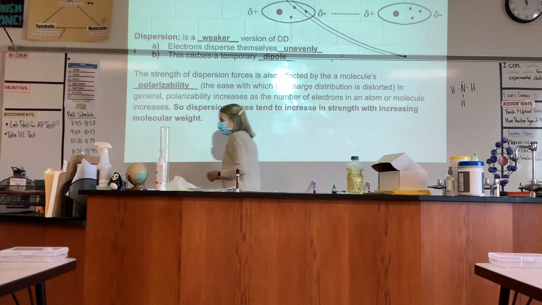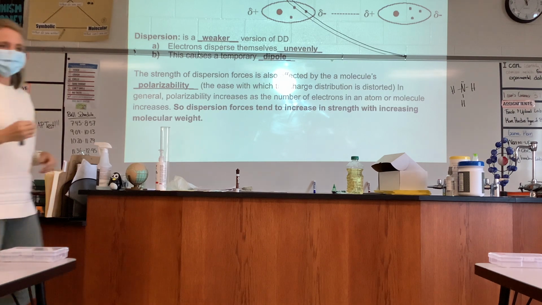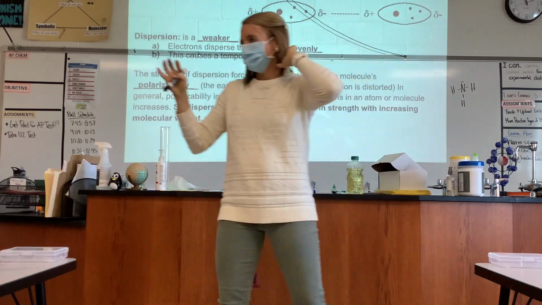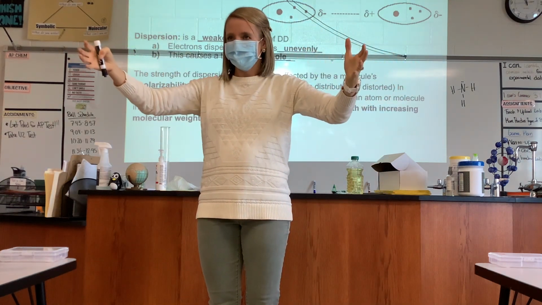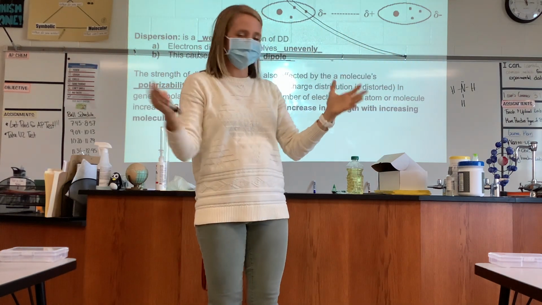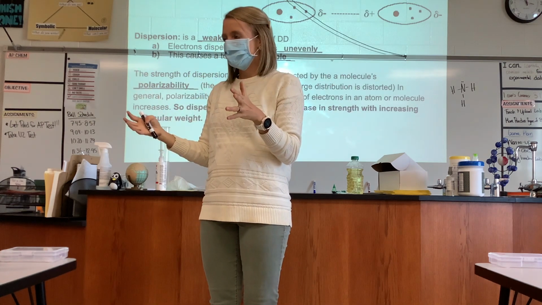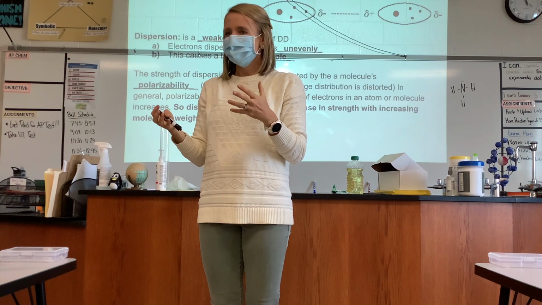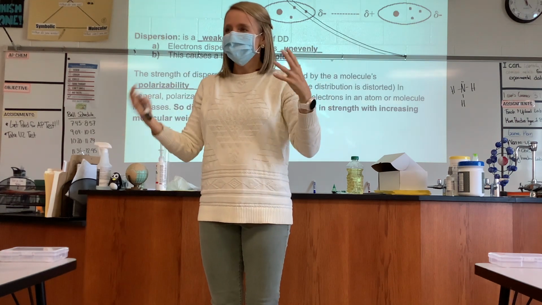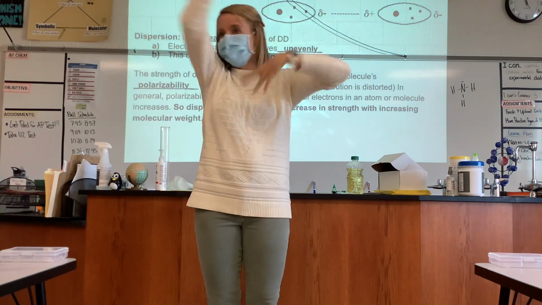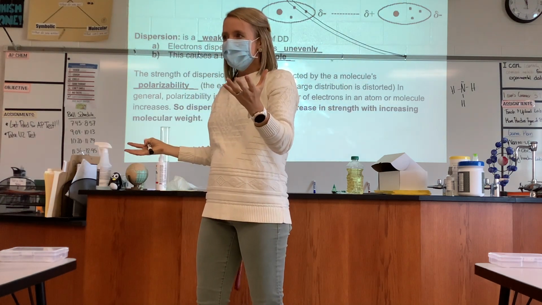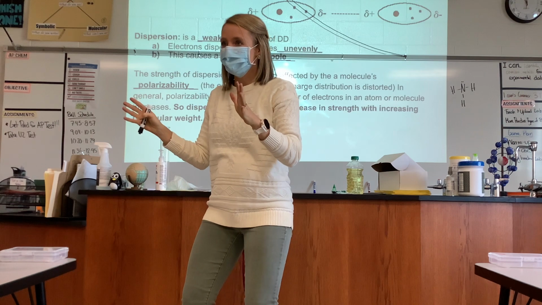Okay, here's how this force works. Pretend with me right now, everybody. We won't do it because it might get a little chaotic, but pretend that we're a molecule, and you're all electrons inside this molecule. What do electrons do inside atoms and molecules? They orbit and move around, right? So imagine all of you stood up and started moving around the room, and I just said freeze.